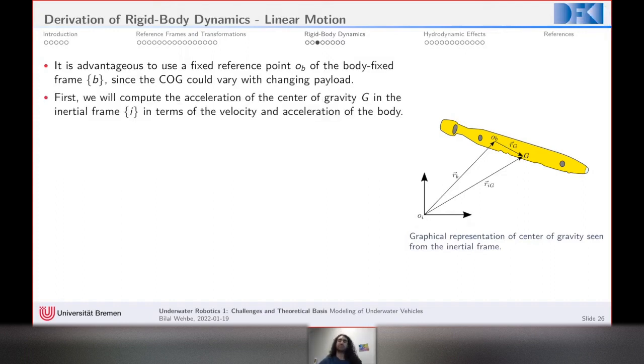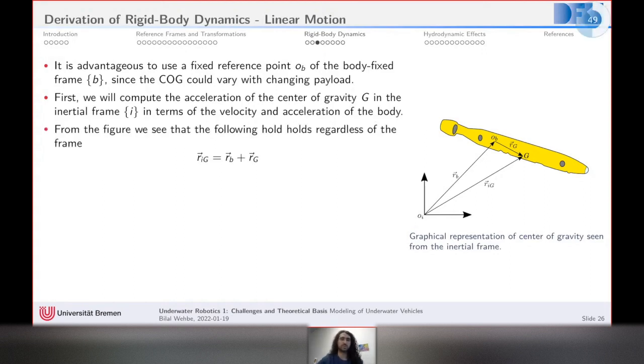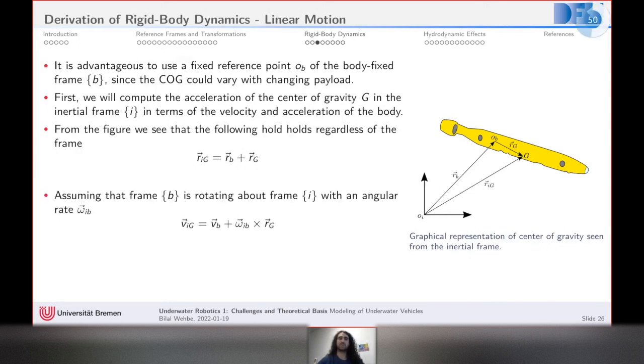What we want to do is to compute the acceleration of the center of gravity in the inertial frame in terms of the velocity and acceleration of the body frame. So just from the figure, we can see that this vector r_IG is equal to r_B plus r_G. So this vector here is just the summation of those two vectors.